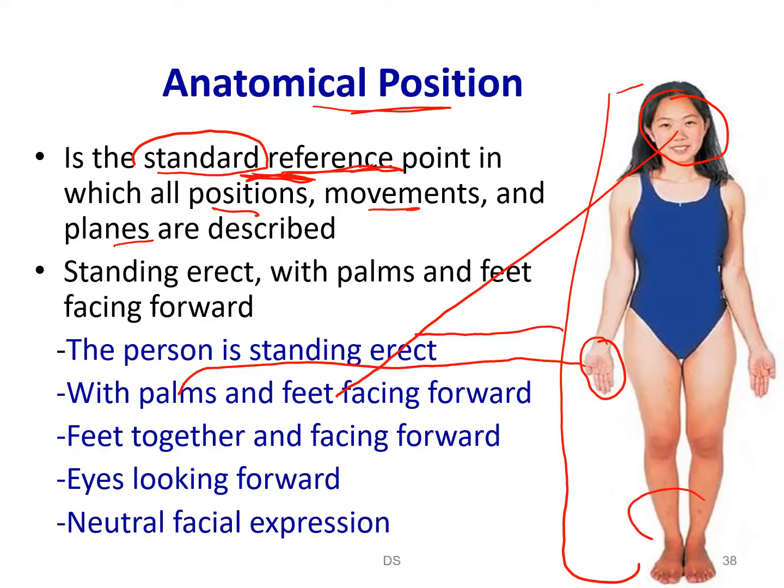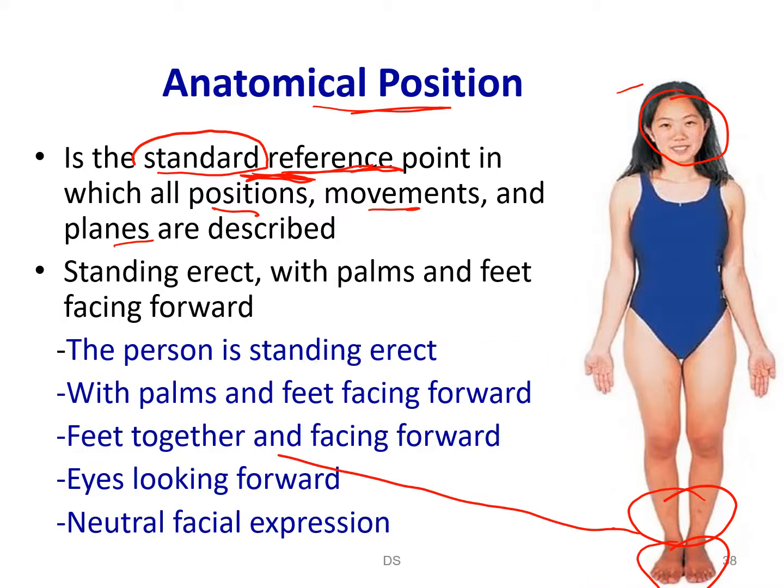Our feet are what? Together. Our eyes are looking what? Forward. And we have a neutral facial expression. This is the standard anatomical position.